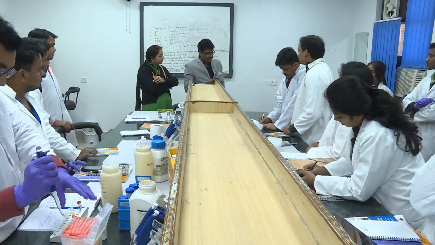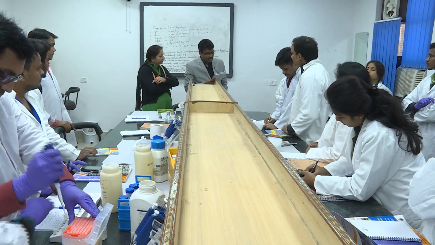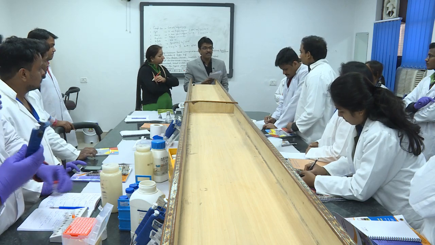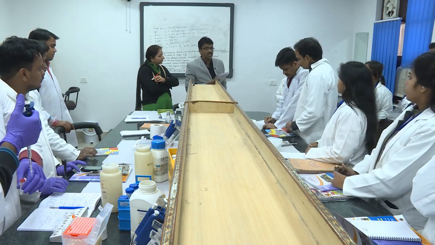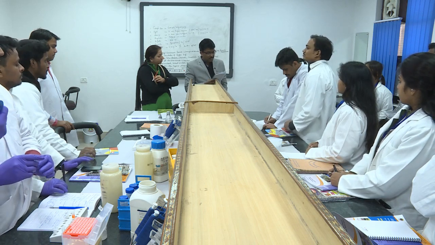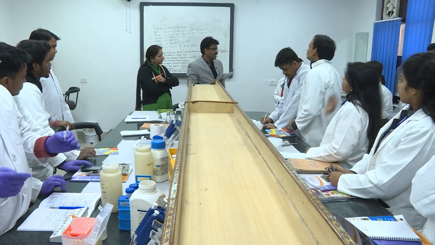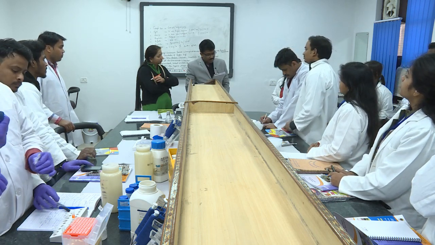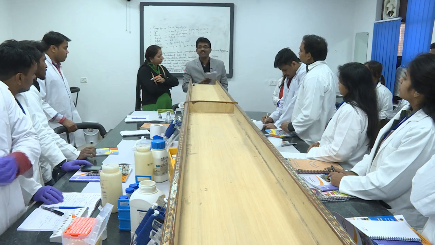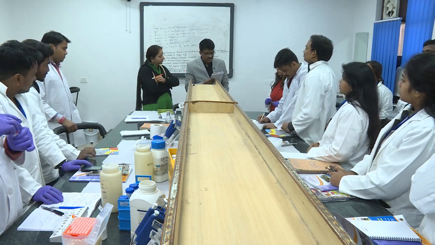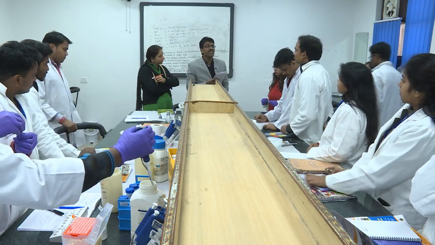And for the DNA yield, they isolated 302 nanograms per microliter, that is 302 microgram per ml of DNA, and that is very good DNA yield by all standards. Another sample, I think they have isolated 184.6 nanograms per microliter. So, that is 184.6 microgram per ml.